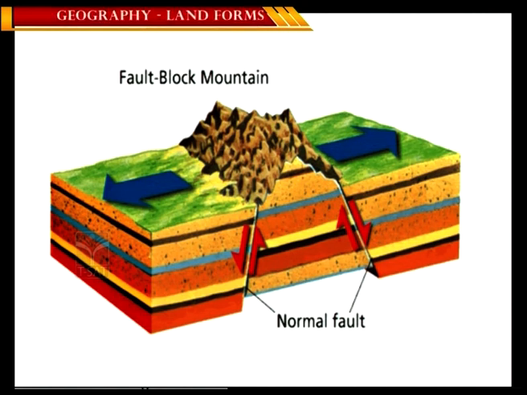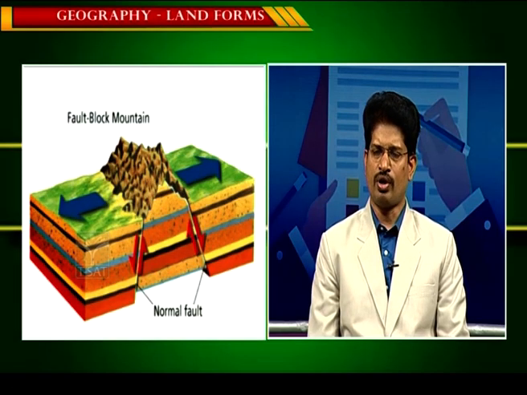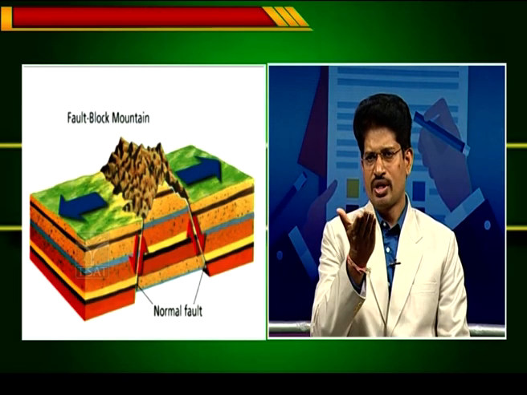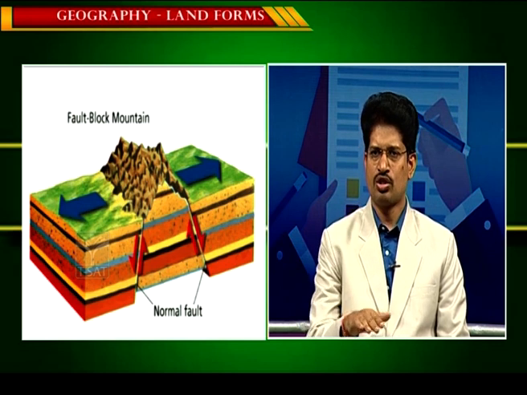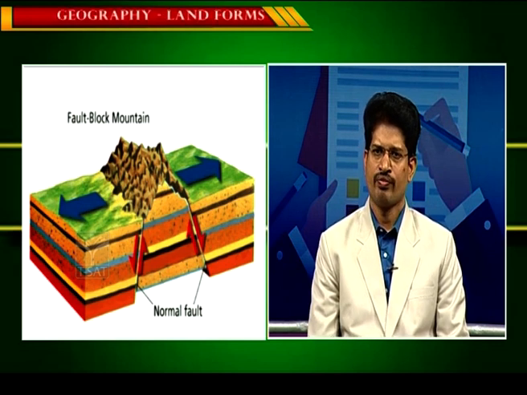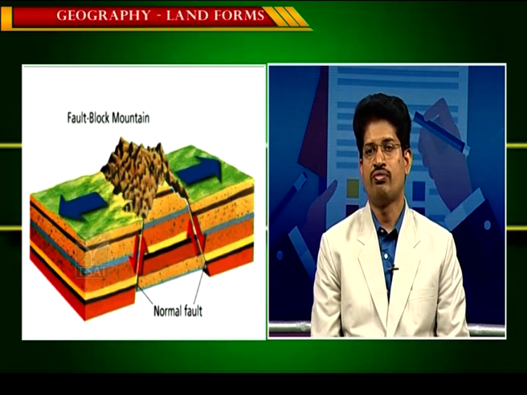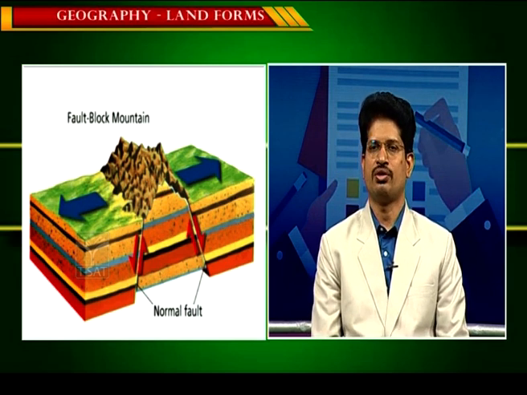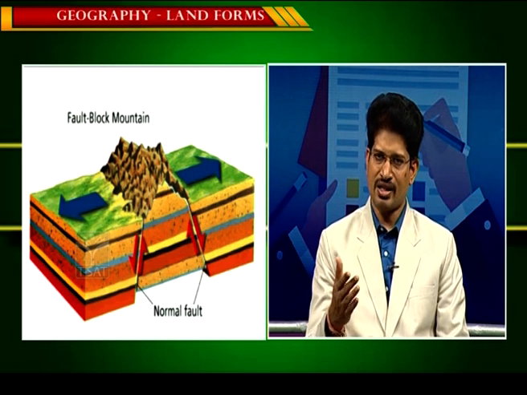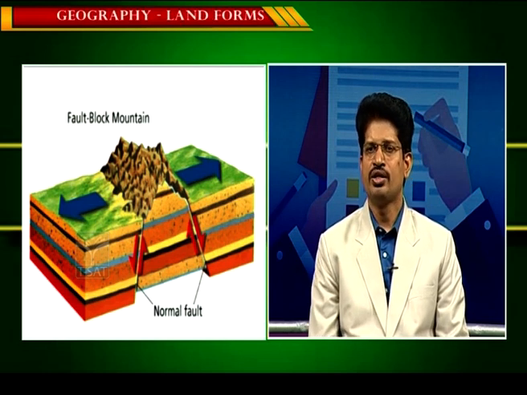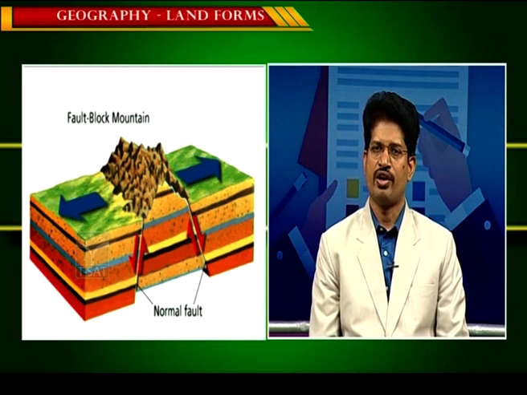Because of parallel fractures, the crust dislocates. In this process of dislocation, the crust can be uplifted or subducted. Upliftment of the crust leads to the formation of block mountains, but when the crust is subducted it leads to the formation of a rift valley.